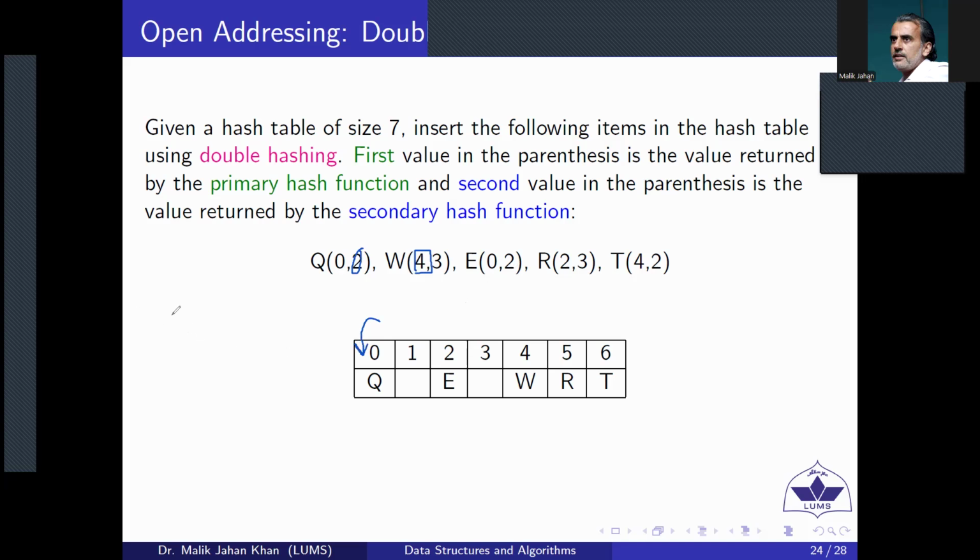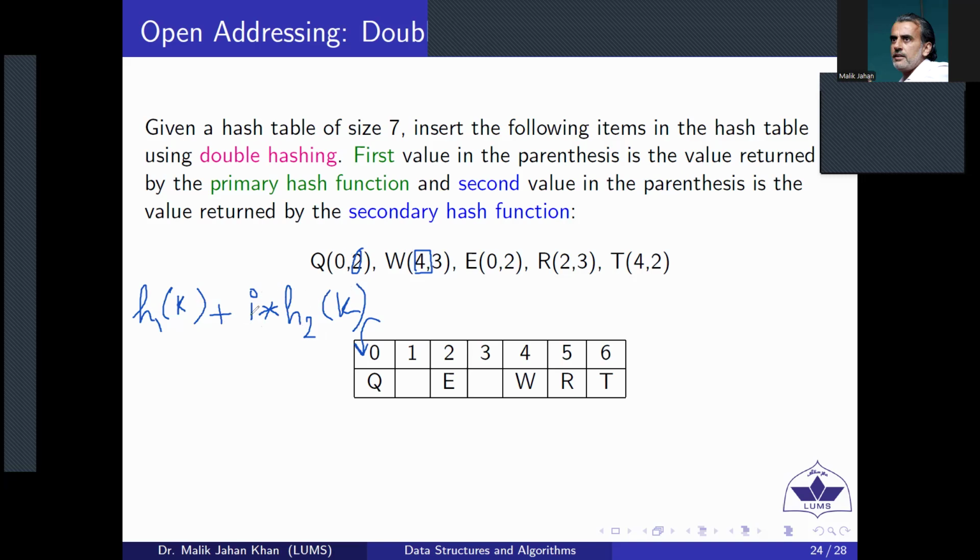So what we are essentially doing is this formulation: h of key plus I times h2 of key, where I is the attempt number, starting from 0. I should have called it h1 of key, which is the answer returned by the first hash function, and h2 of key is the answer returned by the secondary hash function. When I is 0, this whole second term becomes 0, which means we are only using the first value in the first attempt.